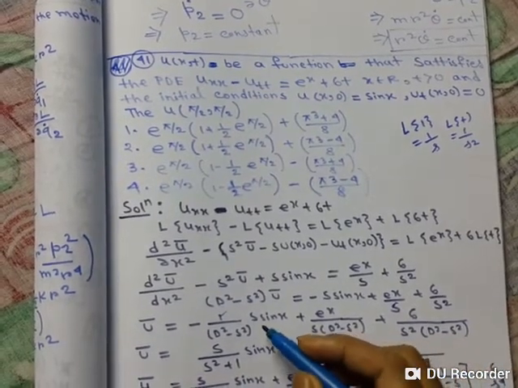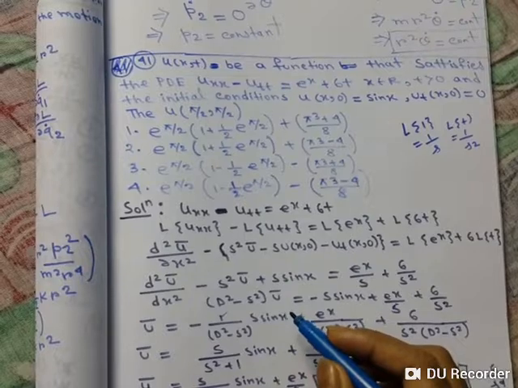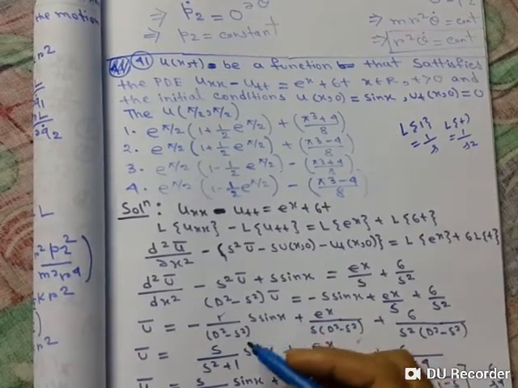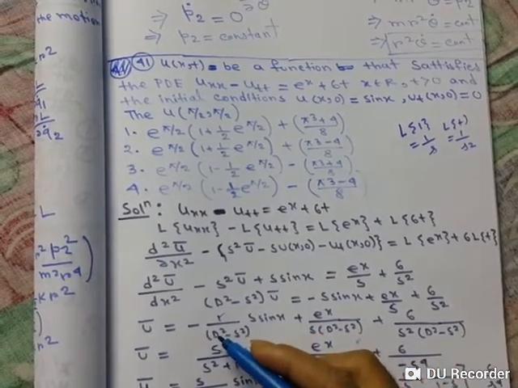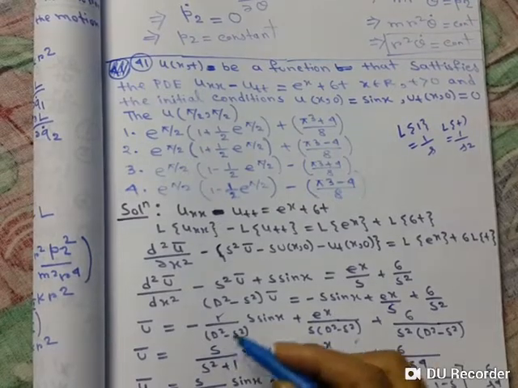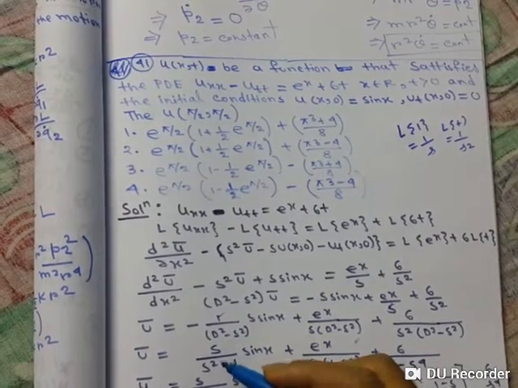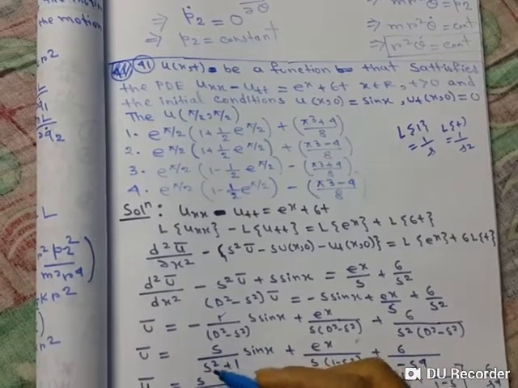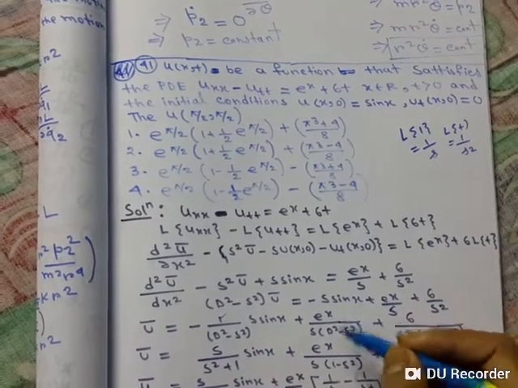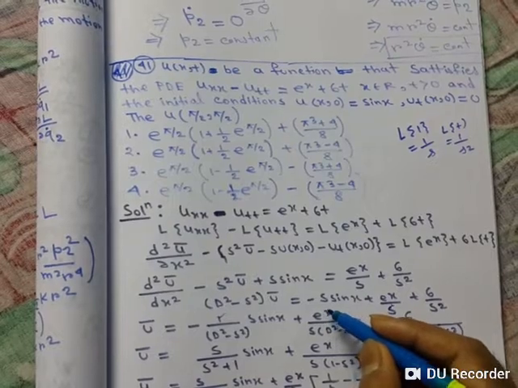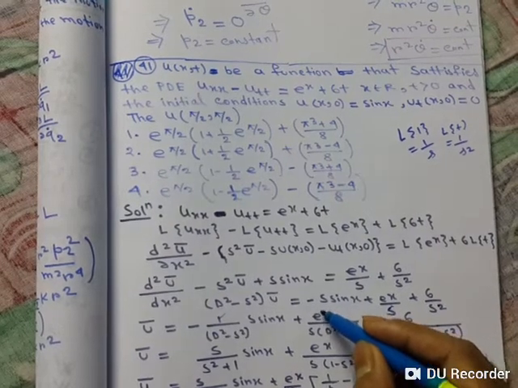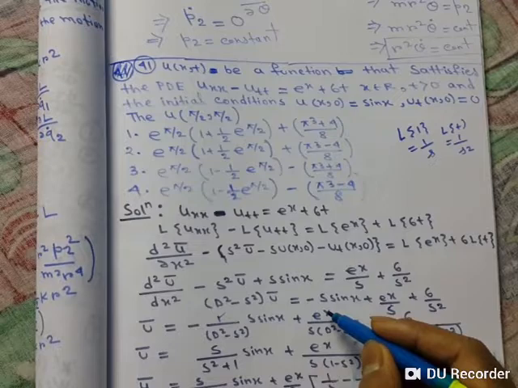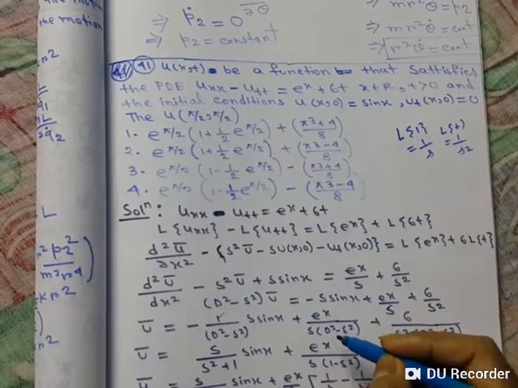Now for sin 1x, we know that for sin ax we put D squared equal to minus a squared. So here D squared equals minus 1 squared, then minus minus cancels out, and we get s by s squared plus 1 times sin x. For the coefficient of e^x, that is e^(1x), put D equal to 1.